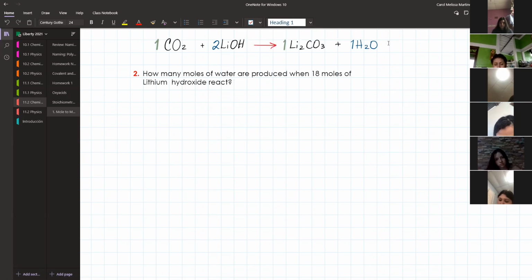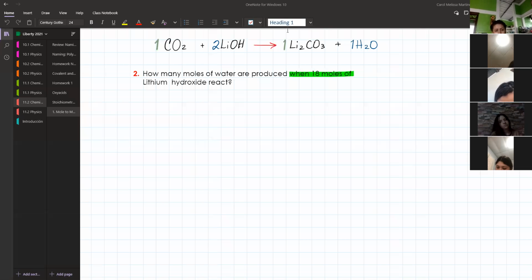What part of the sentence talks about the given? Water and 18 moles of lithium hydroxide. Okay, it says 18 moles of lithium hydroxide. That is the given, okay? That is the given.